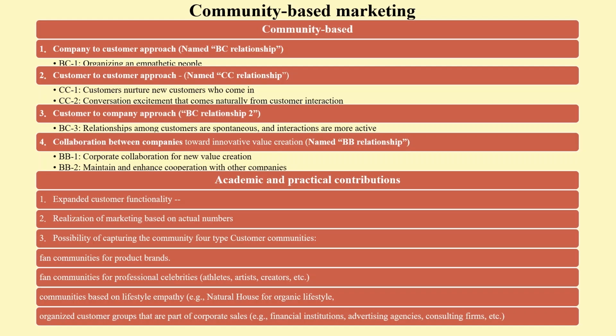The relationships among the customers are spontaneous and interactions are active. Then collaboration between companies towards innovative value creation, named the BB relationship. That is BB1: corporate collaboration for new value creation, maintaining and enhancing cooperation with other companies.